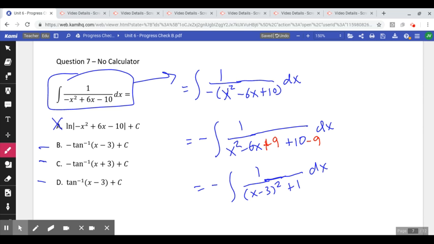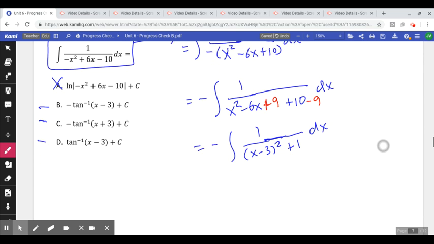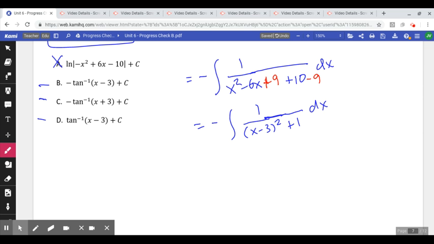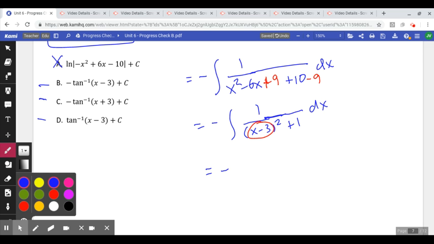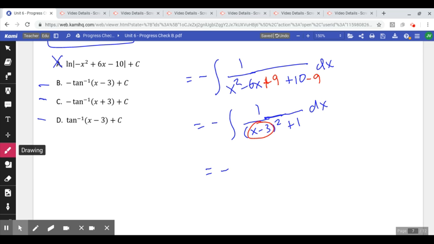Now, this is really good for us, because if I want to find the antiderivative of this, I basically have 1 over something squared, that's x minus 3, plus 1. The antiderivative of that, or the function that has a derivative of 1 over something squared plus 1, is the inverse tangent.